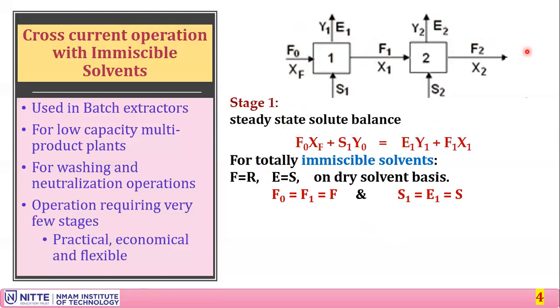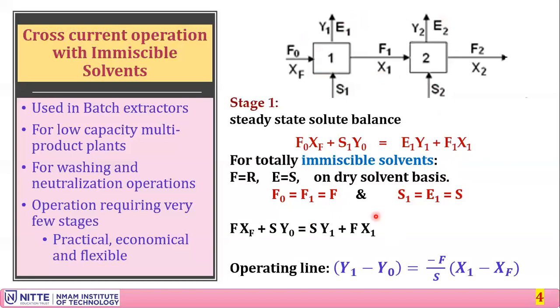F0, F1, F2 all are equal to F, so let me retain it as F only throughout. Whereas S1 and S2 or E1 and E2, since all of them are equal, let me retain a common notation S. So considering this, if you replace this particular equation with this concept, wherever you find F0 and F1 you put F, and S1 and E1 you put S. So rewriting this: F into XF, S into Y0, S into Y1, F into X1.